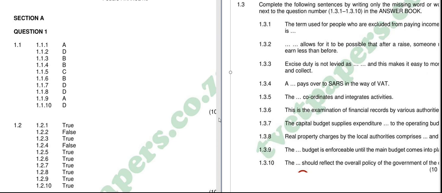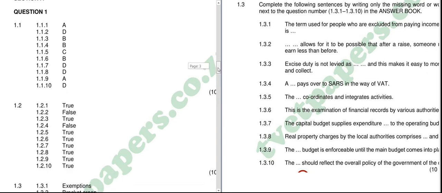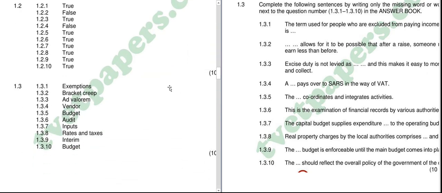We check in terms of our responses, whereby we have exemptions representing that, and then on number 2 we have bracket creep, number 3 ad valorem, number 4 budget, and the answer for 5 is audit. So this is what we have on this part of filling in.